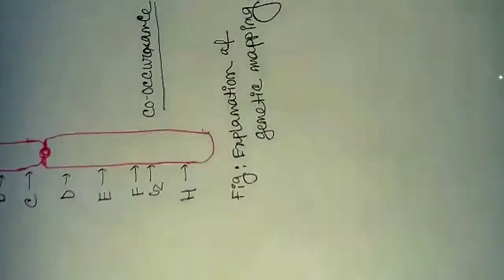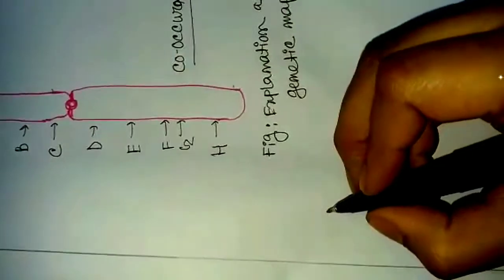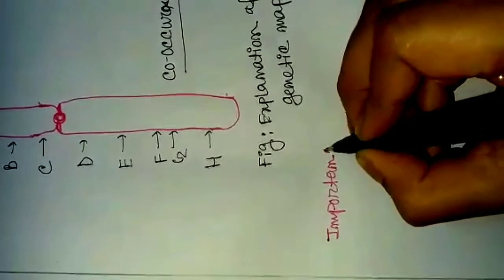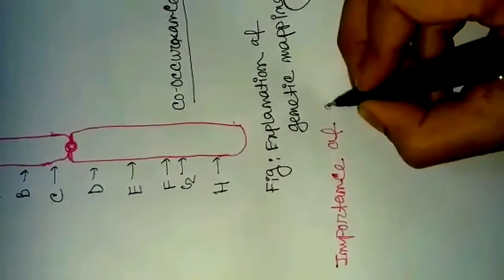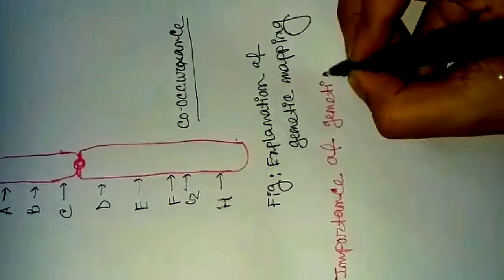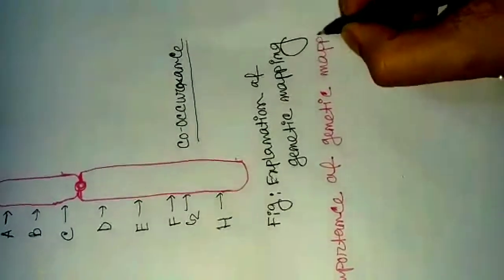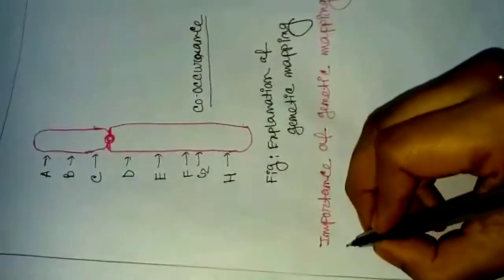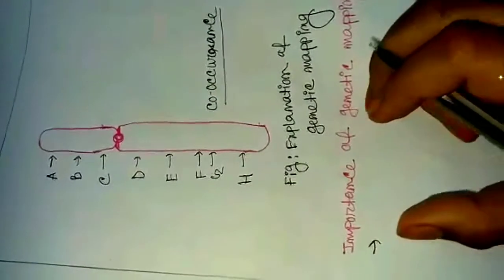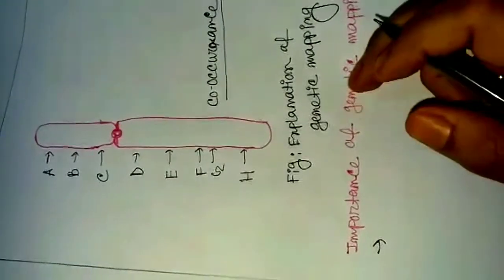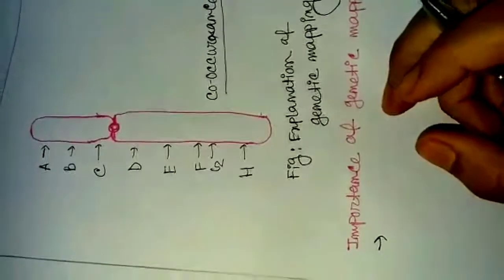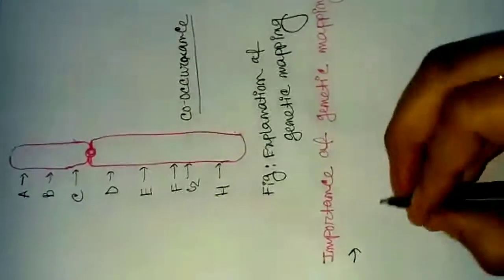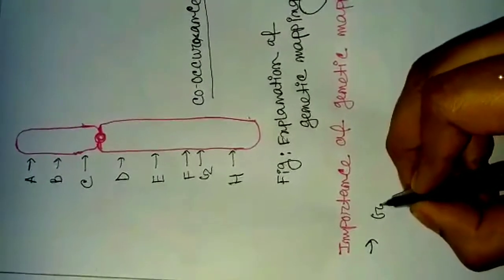Okay. Now the most important and last point for today is the importance of genetic mapping. So what is the importance of the genetic mapping? The first point is the gene map is the anatomy of the genome. So it is a prerequisite to the understanding of the functions of the genome. Okay, so we are writing the point.